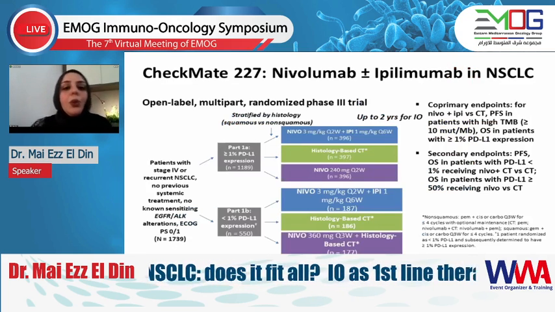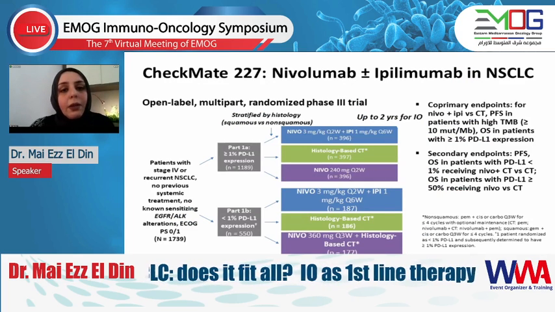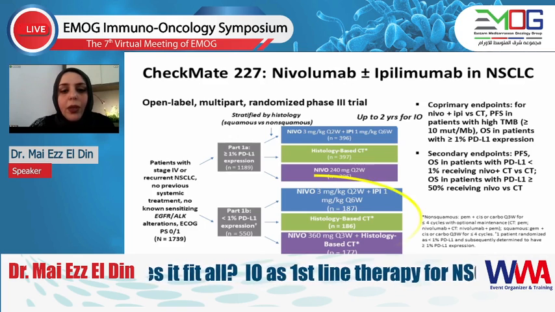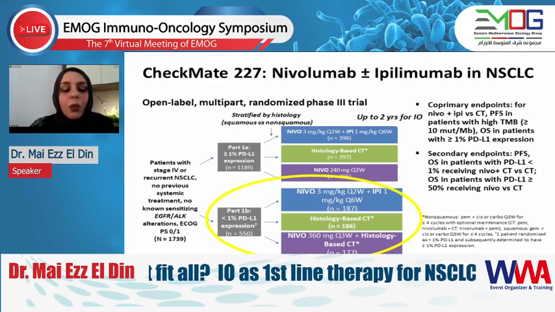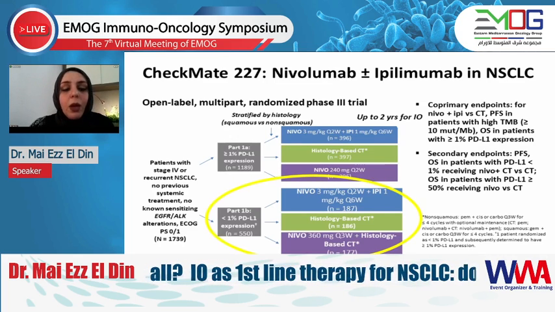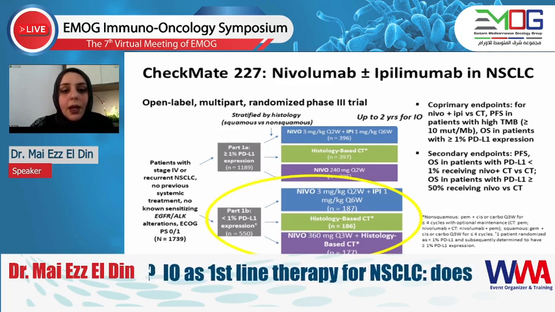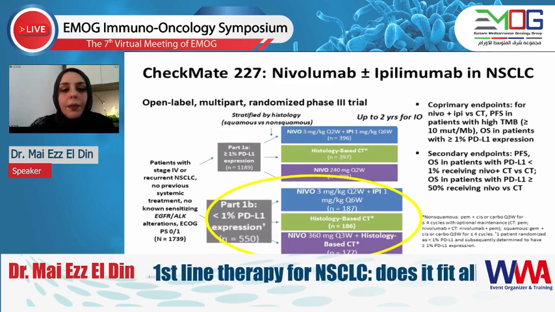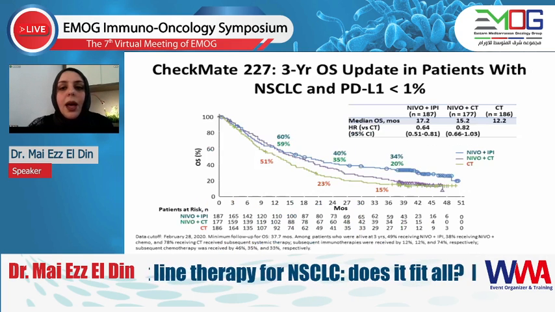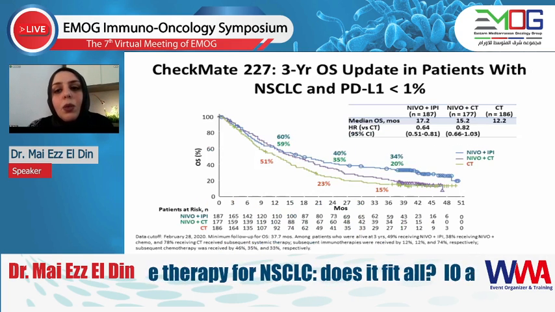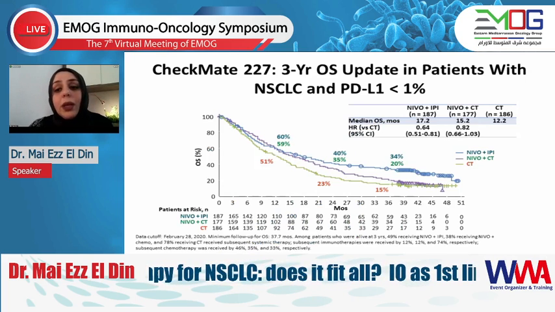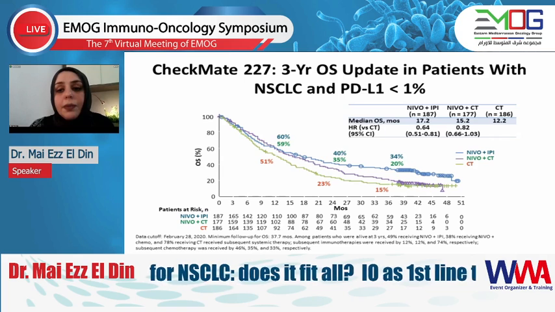Now we come to CheckMate 227, again nivolumab and ipilimumab, and nivolumab with chemotherapy, because we are testing patients with PD-L1 expression less than 1% versus our standard of care chemotherapy. And yes, the signal was there. We were expecting chemotherapy with nivolumab to give it that extra push, but that was not the case.